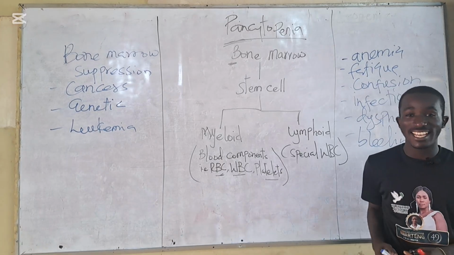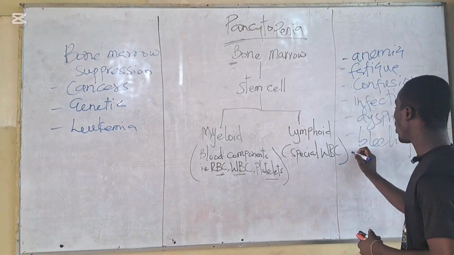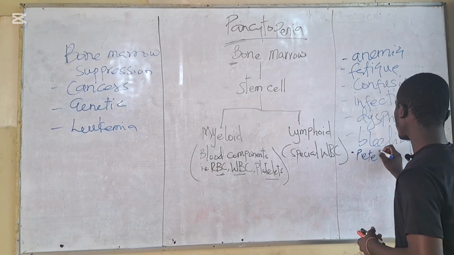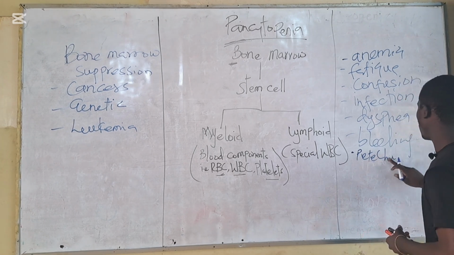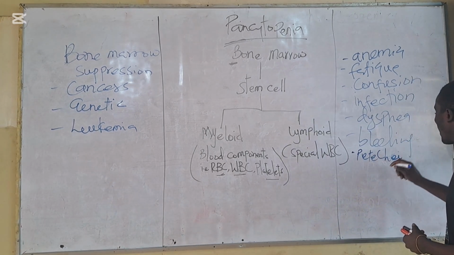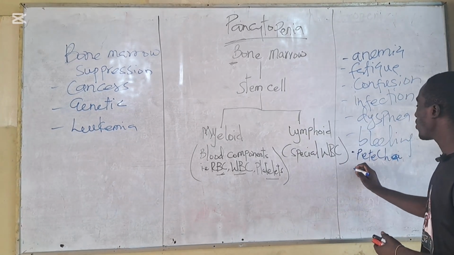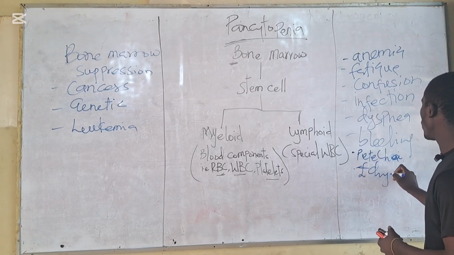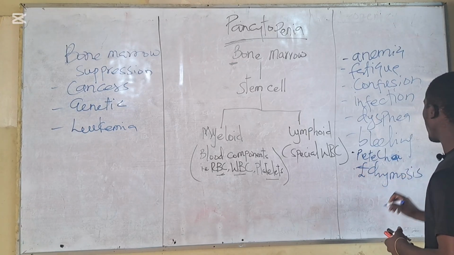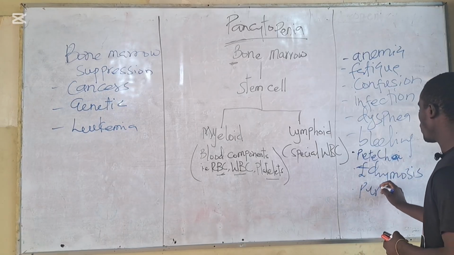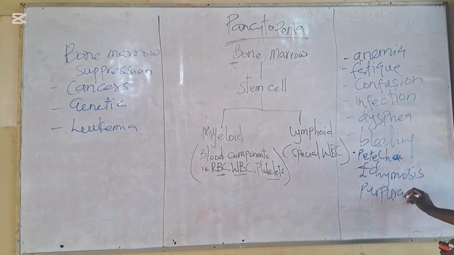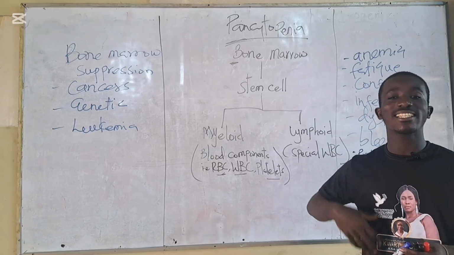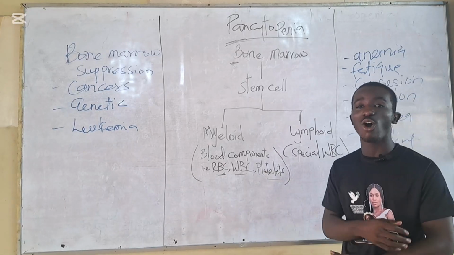In bleeding tendencies, the patients will have something called petechiae. You can have ecchymosis, and then purpura. These are all signs that the patient is bleeding, whether internally or externally.